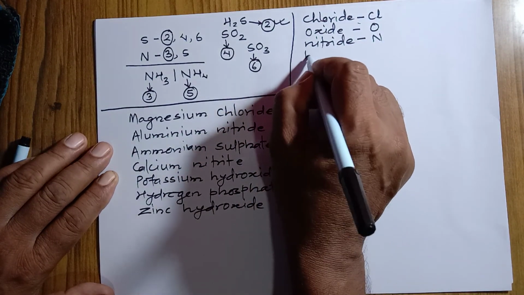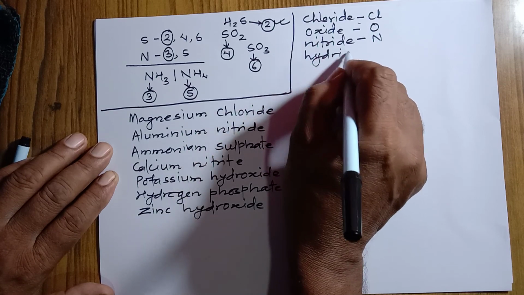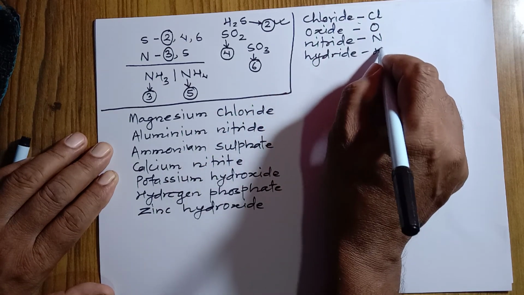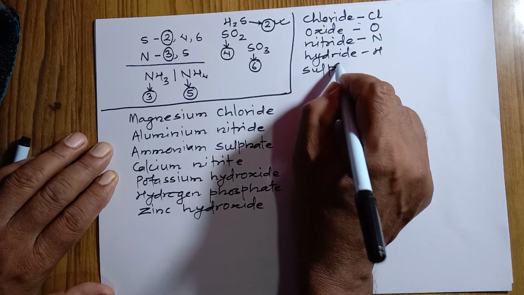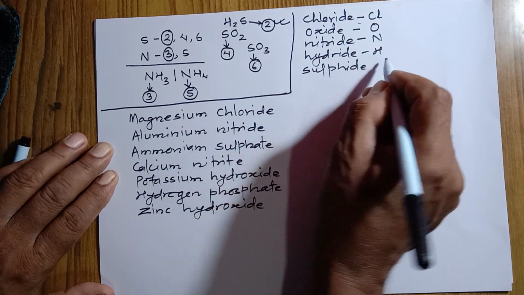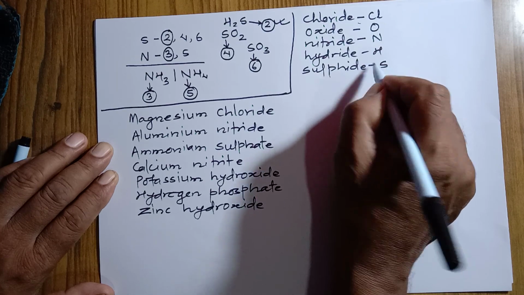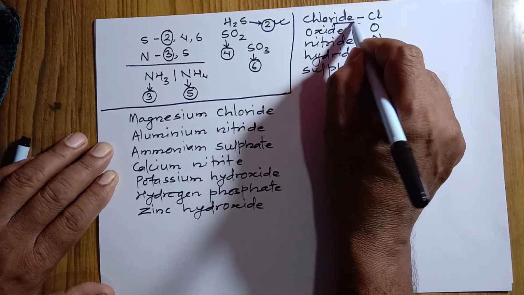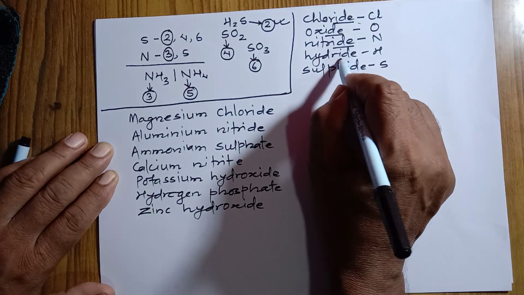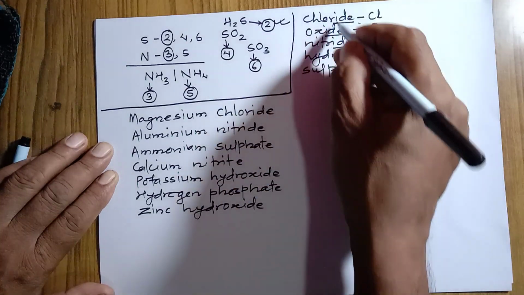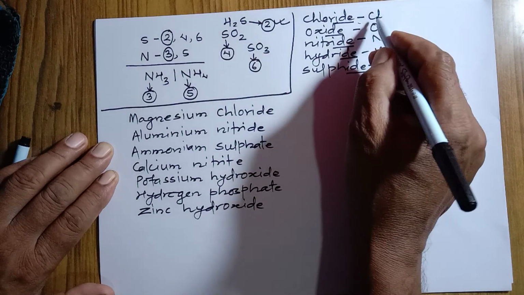If hydride, hydrogen is combined. If sulfide, sulfur is combined. In this way, you have to see this part, the suffix. If there is ide, then the element is combined.